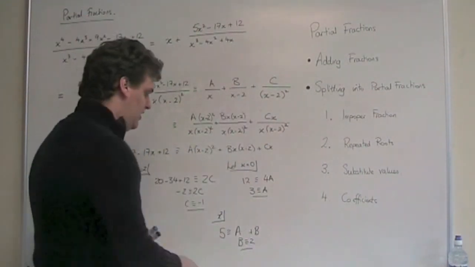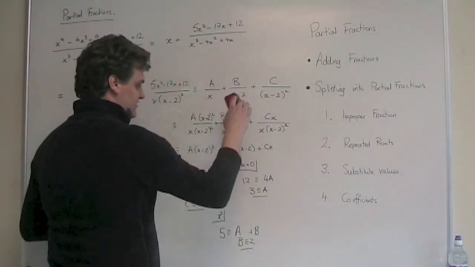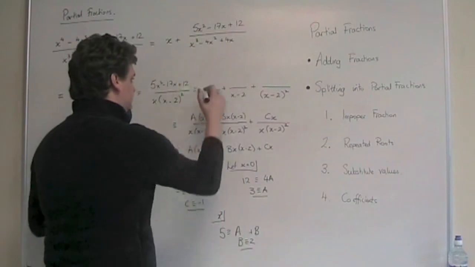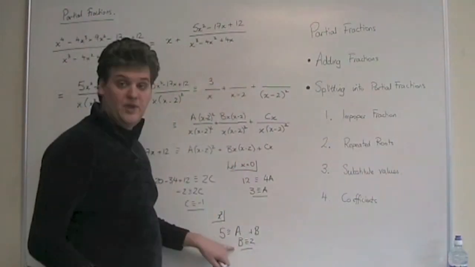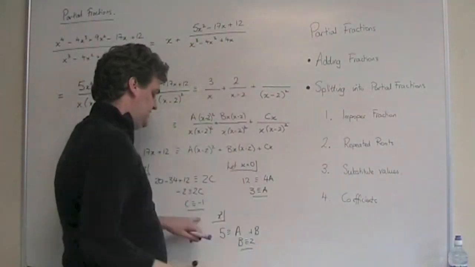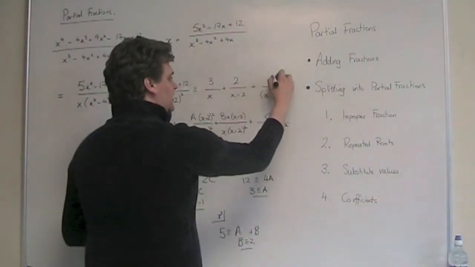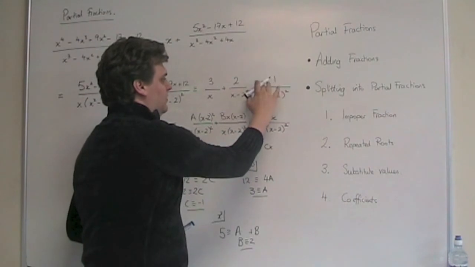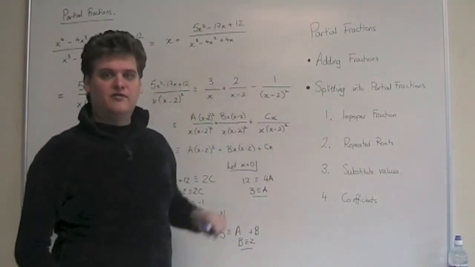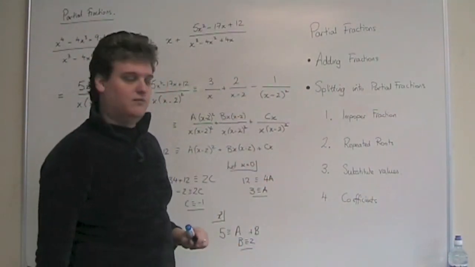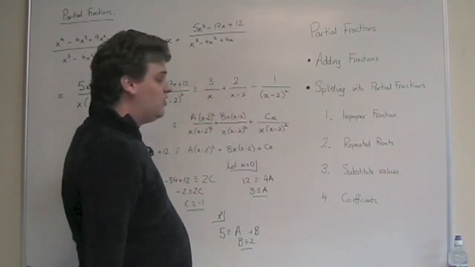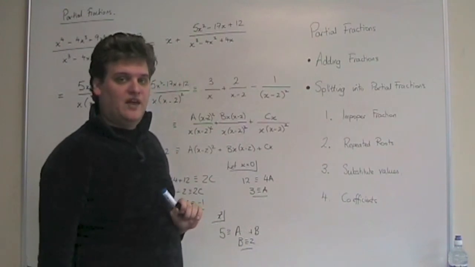So we now know that a is 3, b is 2, and c was minus 1. You can either write minus 1 like that, or you could make the whole of that fraction negative. That works as well. Once we've done that, we've managed to sort that out for the overall fraction we have there on the right.